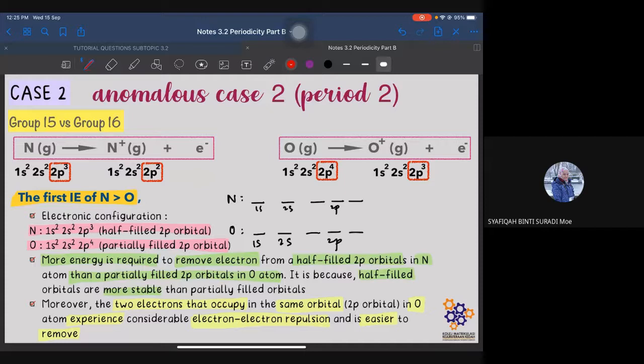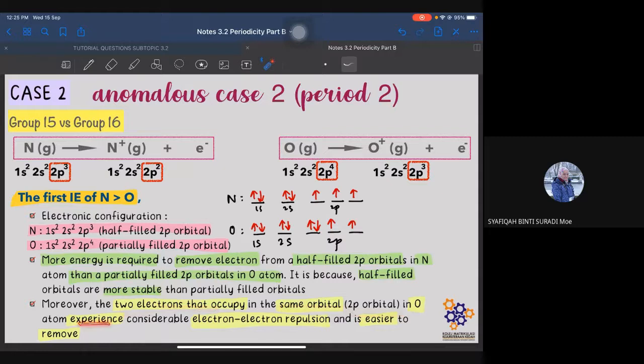Okay. So, untuk nitrogen, 1s2, 2s2, 2p3. Untuk oksigen 1s2, 2s2, 2p4.